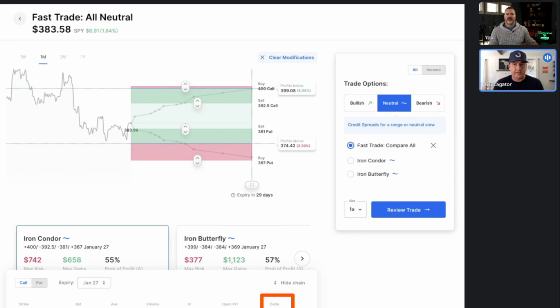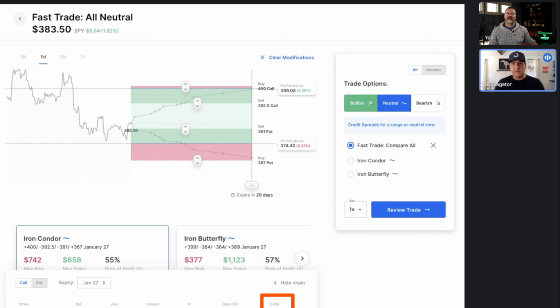Buying lottery ticket calls and puts is not sustainable. So how do you understand a condor? How do you understand a credit put spread? Even that part, when you first start trading, the credit spread part is really confusing, and it takes a while for a lot of people to wrap their head around it.